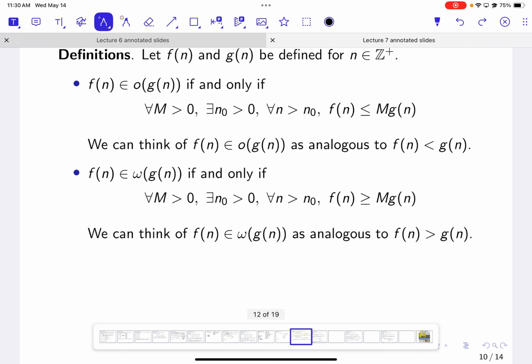These are very similar to their big counterparts, to the point that you may likely confuse them. The only difference, it turns out, is this one quantifier. Even this inequality doesn't change.